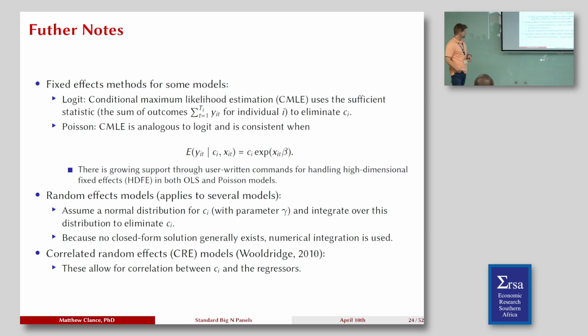Okay? And then basically I said the random effects models, we assume that the distribution for CI is in there with the parameters.